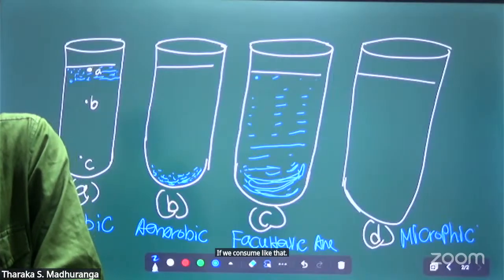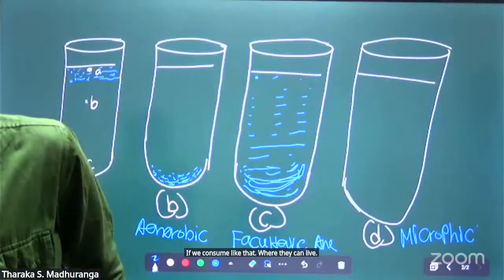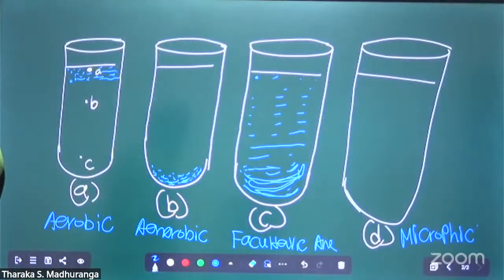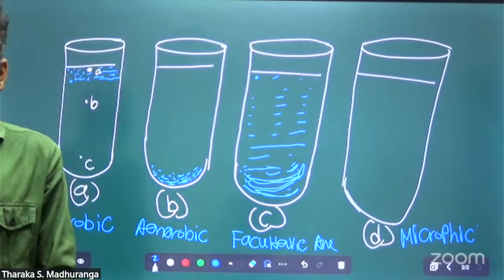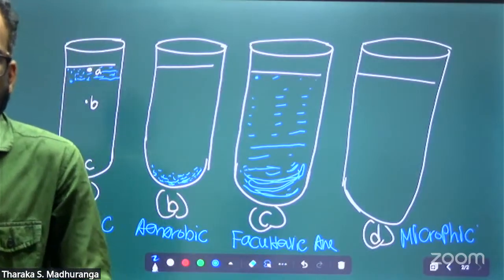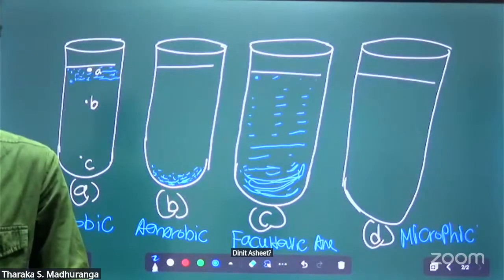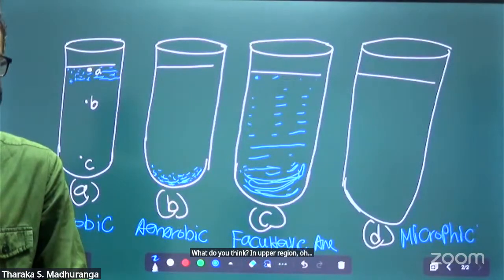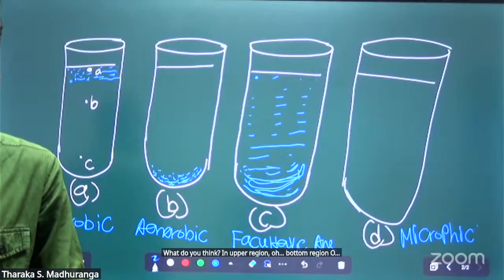If we consider it like that, where can they live? In the upper region, bottom region, or mid?